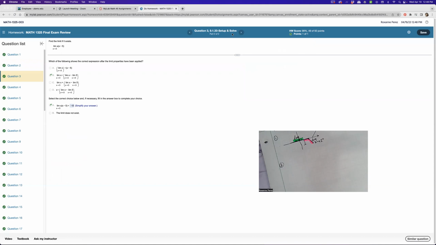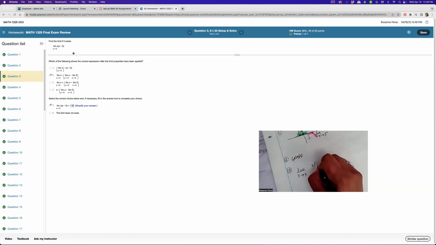Problem 3, find the limit if it exists. Okay, so problem 2 is just graph work. Problem 3, we're given the function, find the limit as x approaches 3 of x times x minus 5.